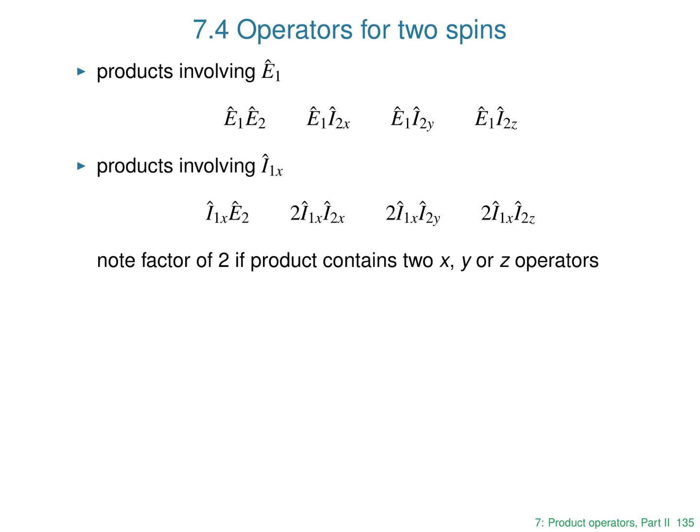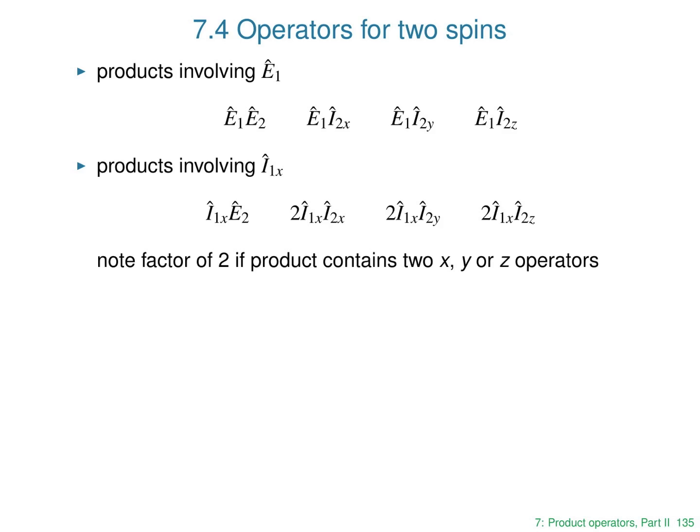And now I do the same thing, except now the operator for the first spin is I1X. And then I make the combination. So I get I1X with E2, I1X with I2X, I1X with I2Y, and so on. And here we come across the first little complication we need to worry about. If an operator product contains two X, Y, or Z operators, you have to include a factor of 2 for normalization purposes.